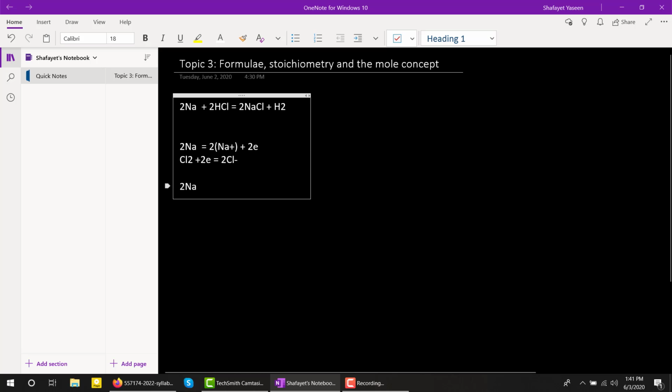So we write 2Na, and then we combine it with the left hand side element of the second equation, which is Cl2 plus 2 electrons.